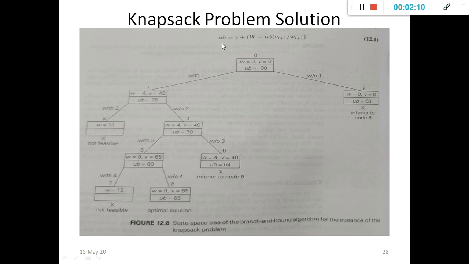The upper bound is equal to v plus (W minus w) into (vi+1 divided by wi+1), where v is the value of the items placed, W is the total knapsack capacity, w is the weight of the items placed into the knapsack, vi+1 is the value of the next item you are considering, and wi+1 is the weight of the next item you want to place into the knapsack.